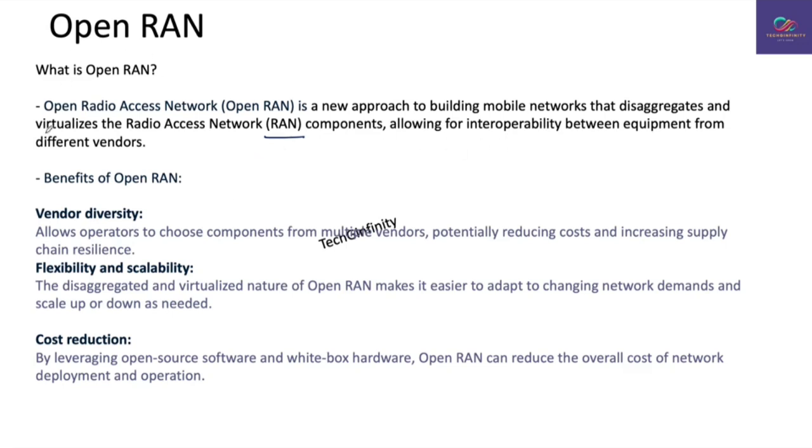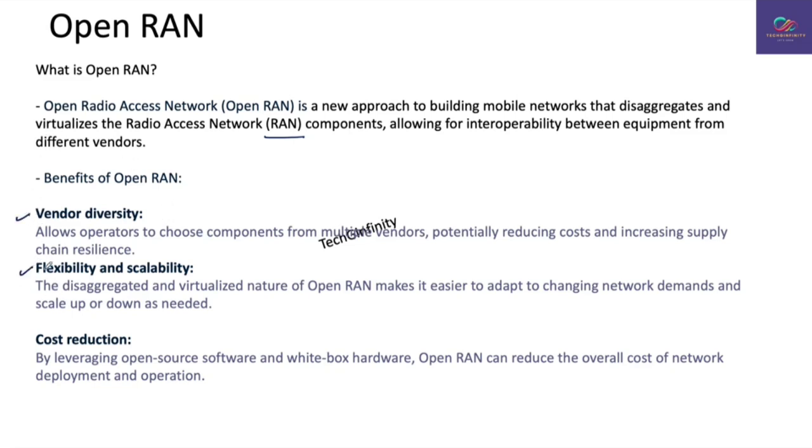Now when this definition comes into our mind, again we think of what benefits we are getting out of Open RAN. If you can see my screen, we have vendor diversity, flexibility, and cost reduction.